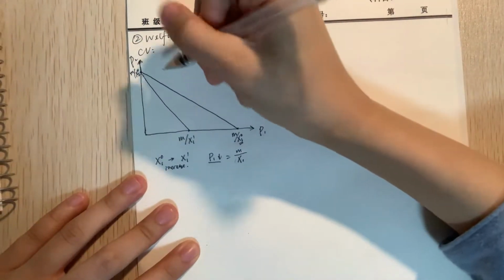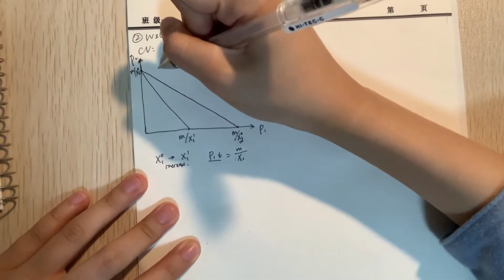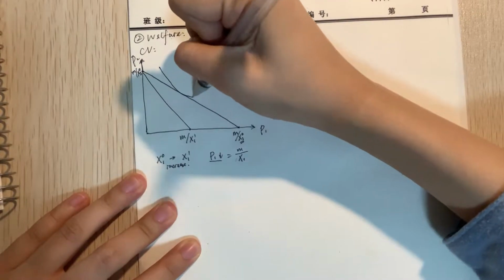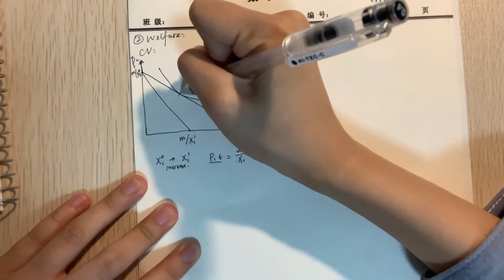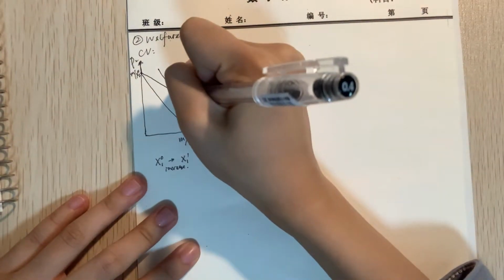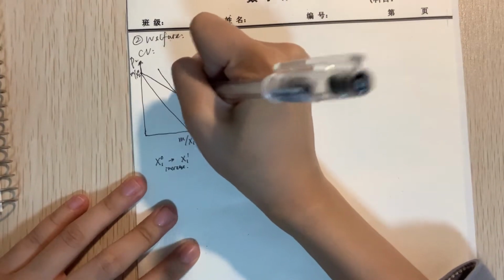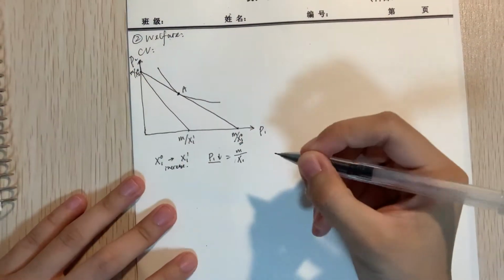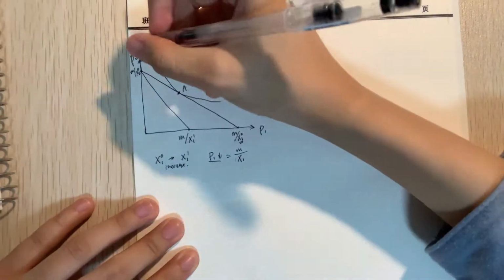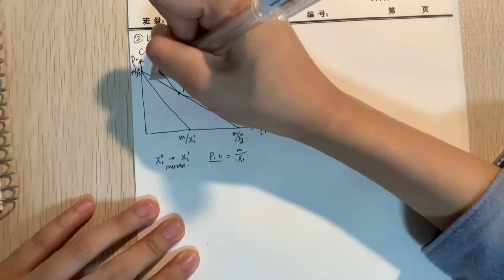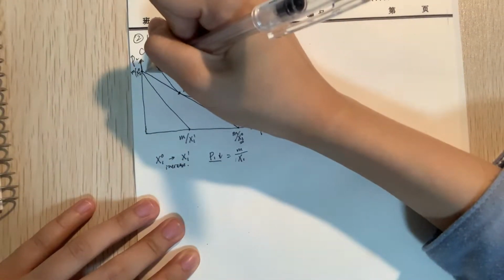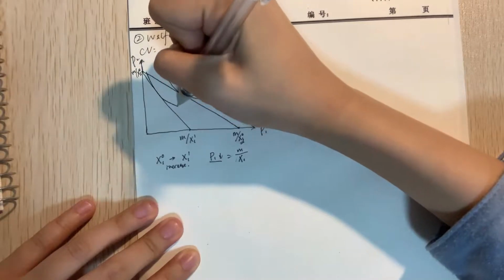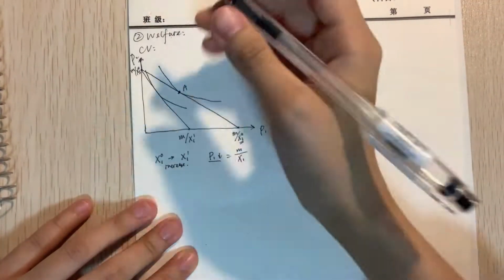Now let's draw some utility curves. The original utility level is here, and the original equilibrium point is here, denoted as A. The new utility level goes to here. This is parallel.